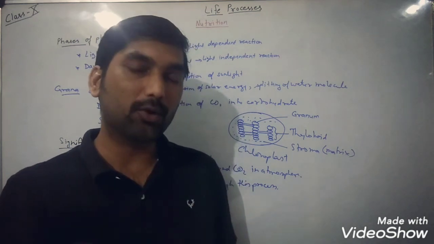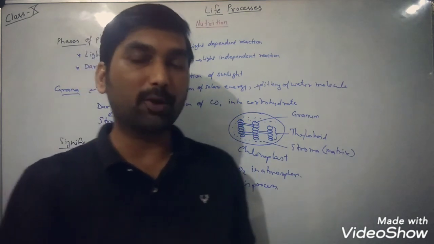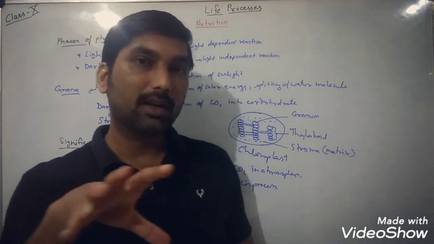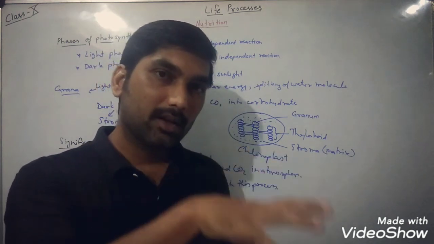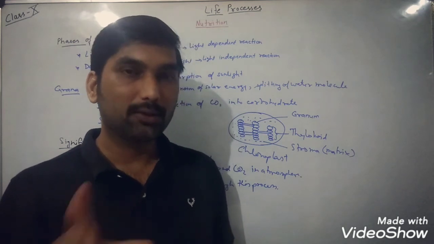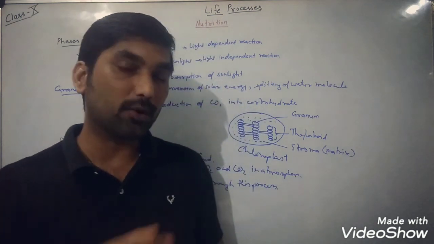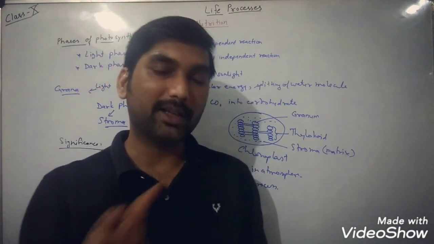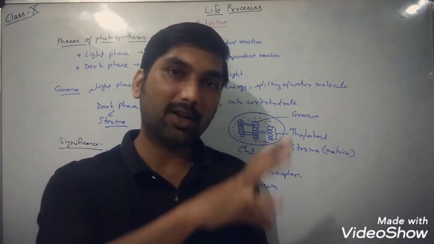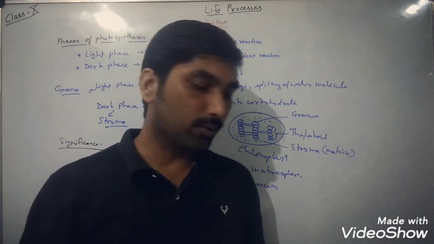It is given in your book also, and it can be asked: what is the importance of taking potassium hydroxide during the demonstration that carbon dioxide is necessary for photosynthesis? The potassium hydroxide absorbs carbon dioxide gas from the surroundings of the plant, and that's why it is placed in the glass jar or beaker where the plant part is placed closely.